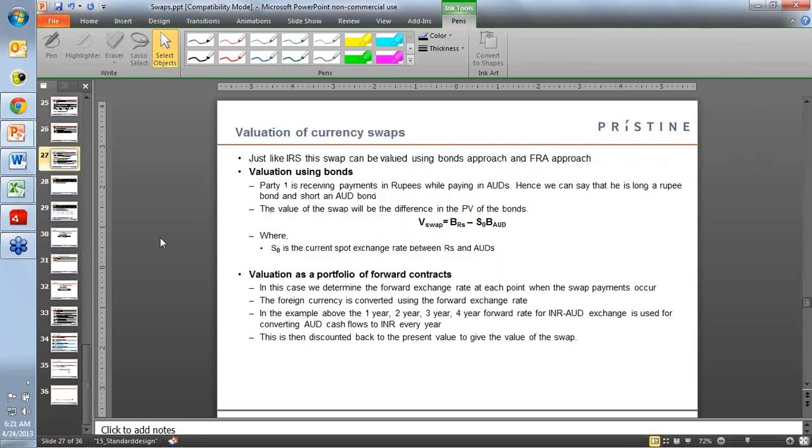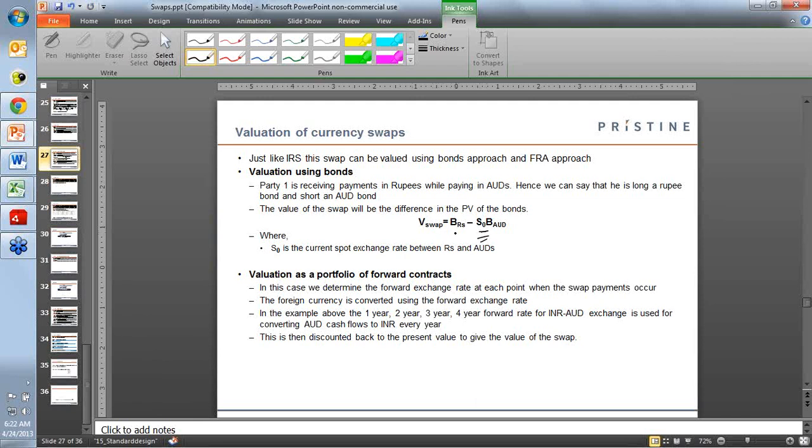Okay, so we'll next look at the valuation of currency swaps. This is very similar to the valuation of interest rate swaps. The major difference is that there is an exchange rate between the two currencies.